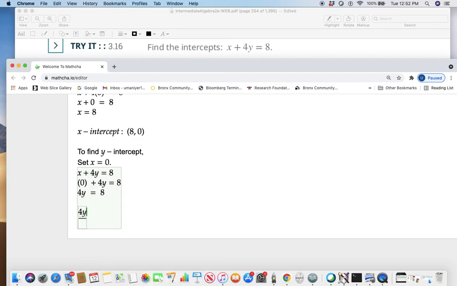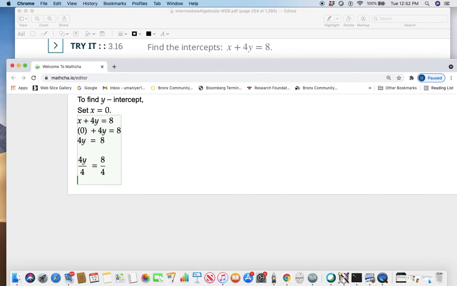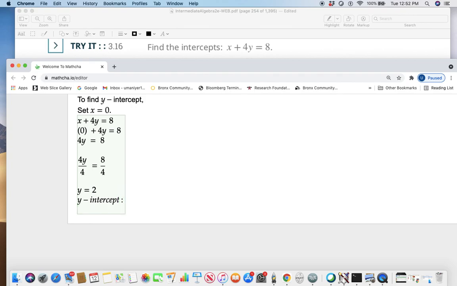Divide both sides by 4. So y equals 2. So you found your y-intercept. X coordinate is 0. Y coordinate is 2.